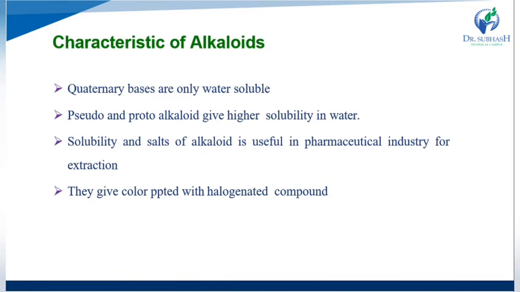Pseudo and proto alkaloids, which are two types in the classification of alkaloids, give higher solubility in water. Solubility and salts of alkaloids are useful in the pharmaceutical industry for extraction. Alkaloids also give colored precipitates with halogenated compounds.